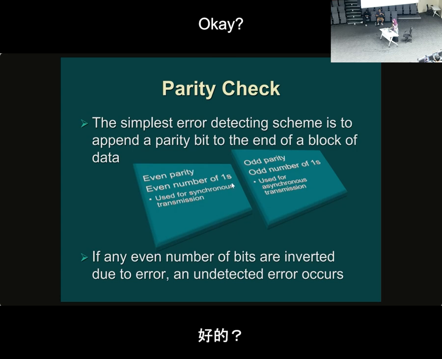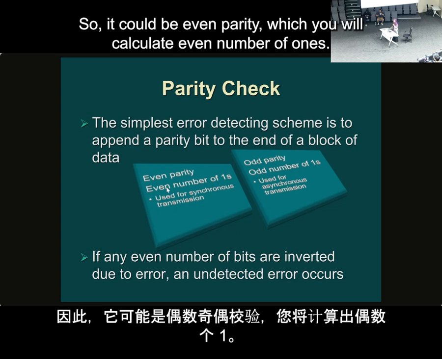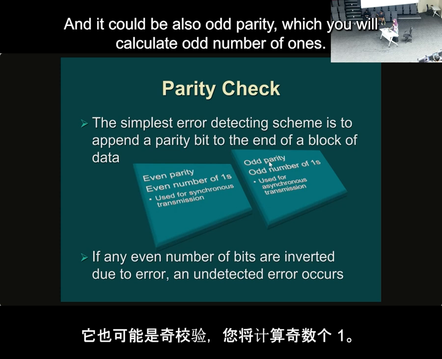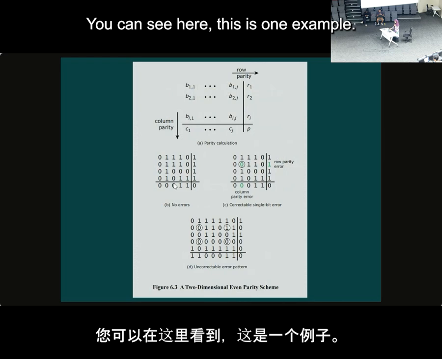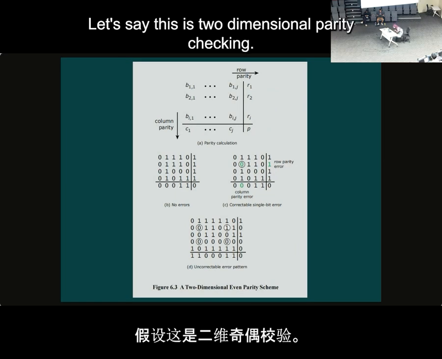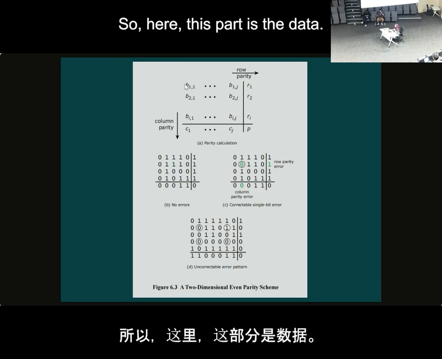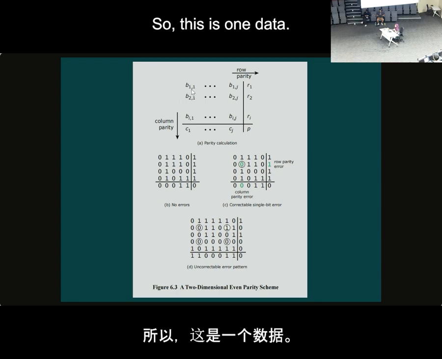It could be even parity, where you calculate an even number of ones, and it could also be odd parity, where you calculate an odd number of ones. You can see here one example of two-dimensional parity checking. This part is the data, B11 until B1J.